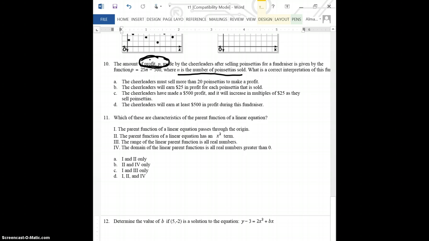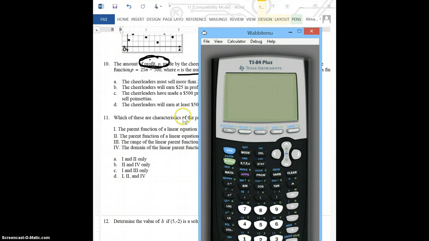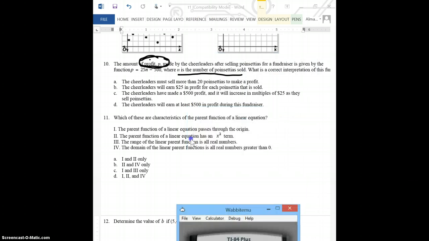So, looking at my calculator, if they sell 20 poinsettias, then I would have to plug in 20 for N. So my equation would look like 25 times 20, because I'm plugging 20 in for N, minus 500. So if they sell 20 poinsettias, they will make a profit of 0.